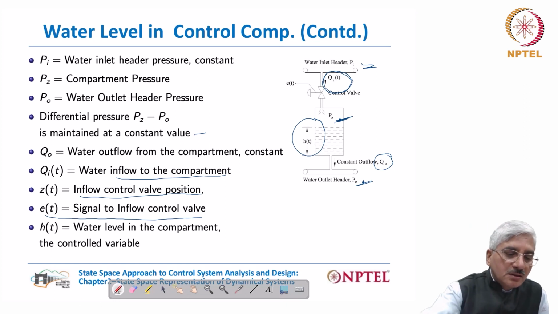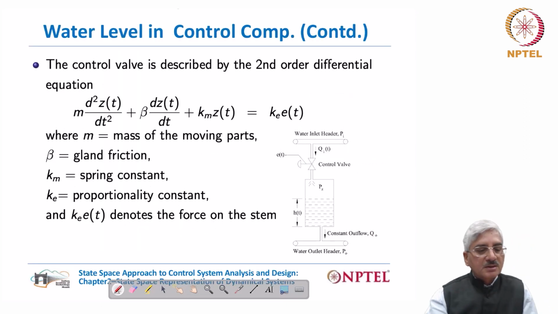Now we see the mathematical model of this system. So we had considered a control valve earlier, and it was like a mass spring dashpot system. Its moving parts were like that. And the force on the diaphragm was essentially resulting in the force on the stem. It was trying to position the valve.